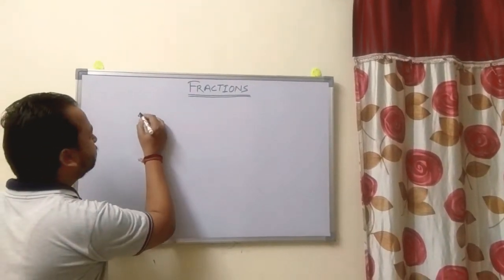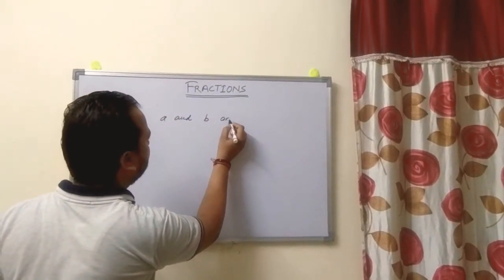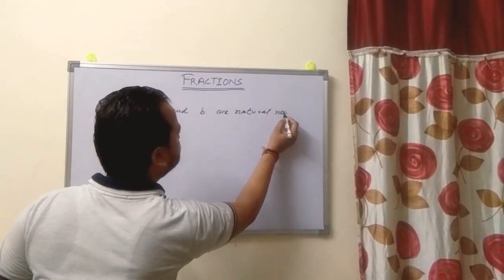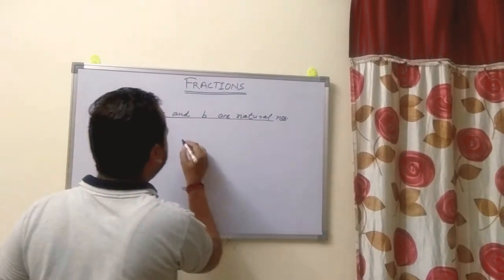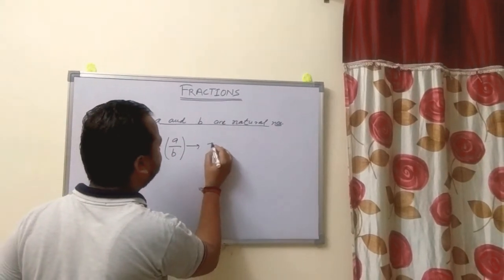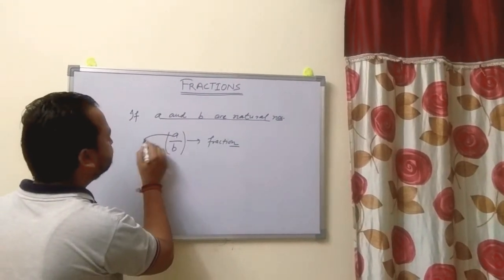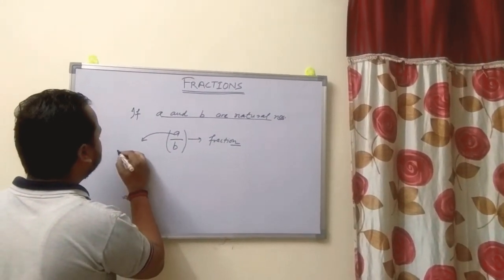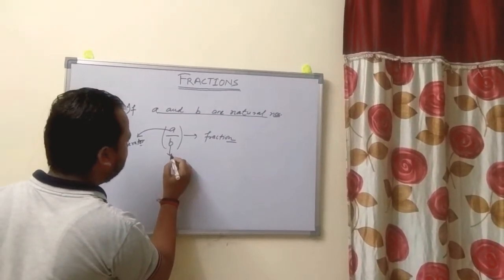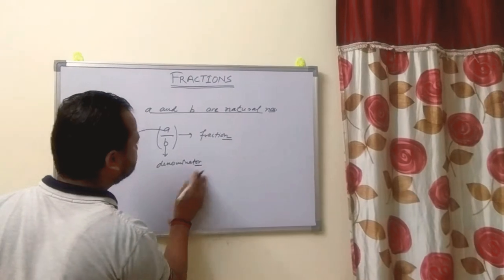So if A and B are natural numbers, then A by B is known as a fraction, where A is the numerator and B is the denominator.